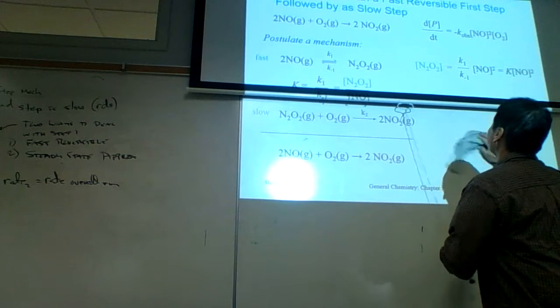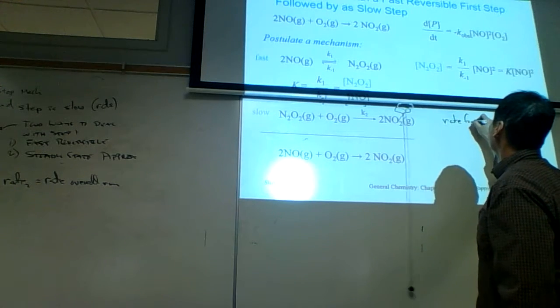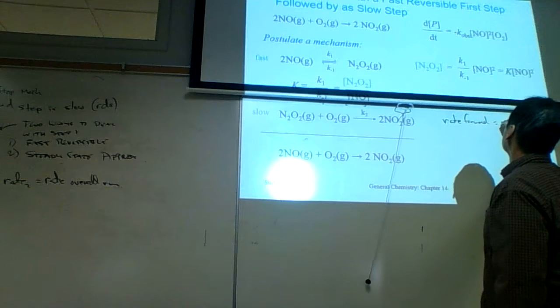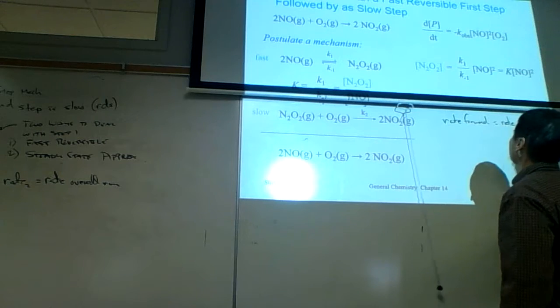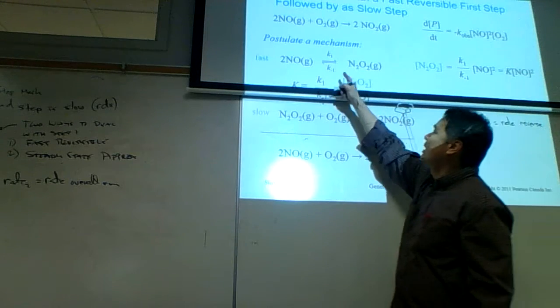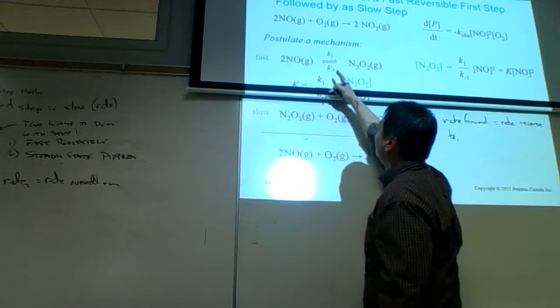So they skipped a step here. And so the rate of the forward is equal to the rate of the reverse. Well, the rate of the forward reaction is going to equal K1, the rate constant in the forward direction.